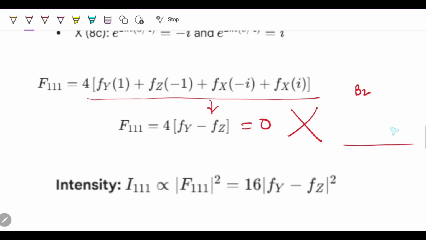But there are some peaks, for example the 220 peak and the 400 peak, that will always be there. It doesn't matter whether the atoms are ordered at specific sites or not. These peaks will always be there.